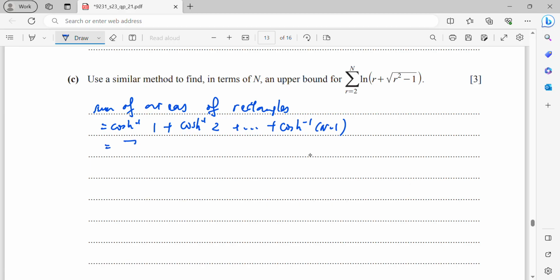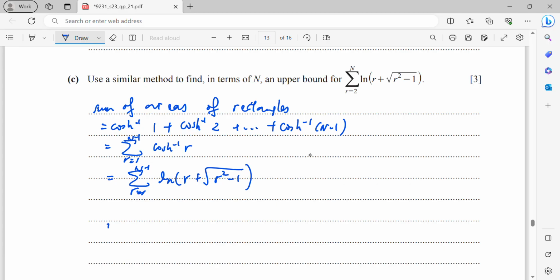So this is the same as summation r from 1 to n minus 1 of inverse cosh r. Then again for inverse cosh r, use the same formula as just now. It will be ln of r plus square root r squared minus 1. Okay, so the area under the curve is the same.